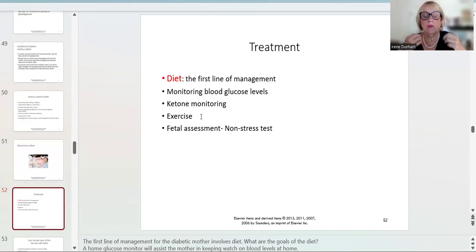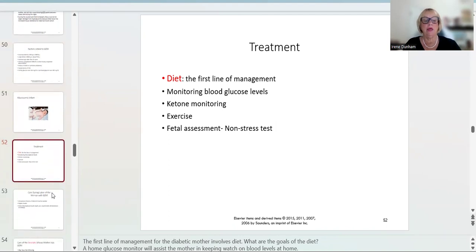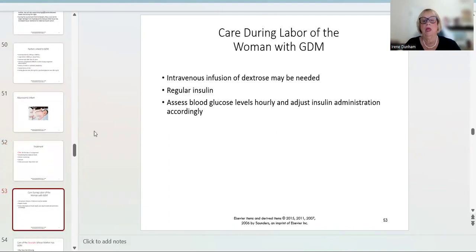Get outside, get your shoes on. Let's go walking at least a little bit every day. And then, of course, I'm going to watch these babies, guys. You're going to do a non-stress test. All I do is put the monitors on her belly and look at the fetal heart rate. Make sure the baby is in good health, fetal well-being.